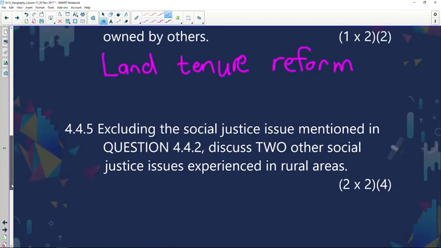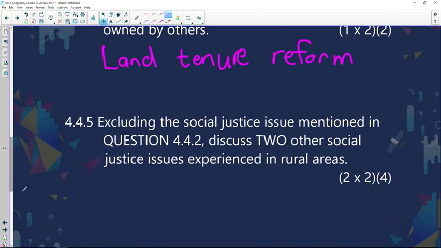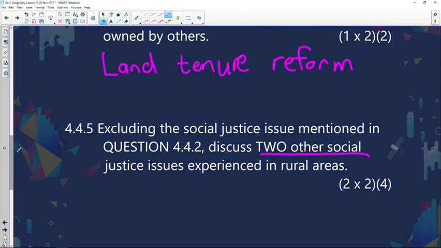If you look at question 4.5, excluding the social justice issue mentioned in question 4.4.2, discuss two other social justice issues experienced in rural areas. Now, this is what we touched on when we discussed it earlier. It lacks basic needs and services.